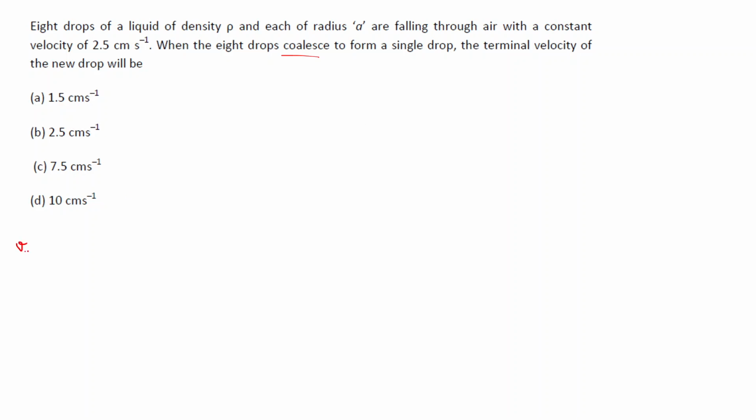Terminal velocity again. So the formula is like the first thing. I'm writing the expressions so that we know what all the parameters we need to find out. So terminal velocity, to calculate terminal velocity, this is the expression.